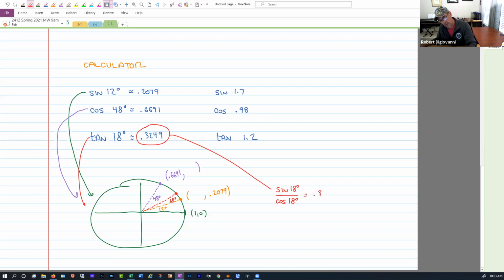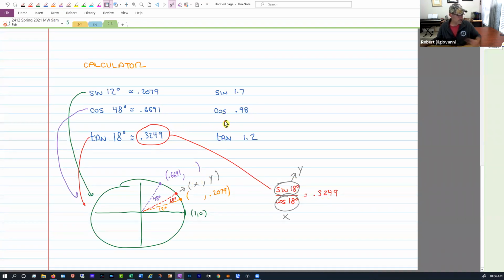That's what 0.3249 is. This is your y coordinate, and this is your x. So all this is saying is for this point right here, if you take the y coordinate and divide by the x coordinate, you get this number. We still don't know what these two numbers are, we just know that their ratio is this.